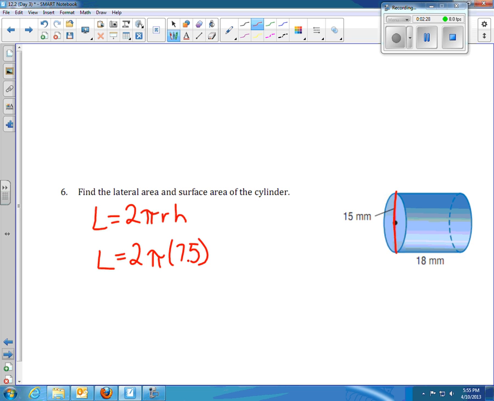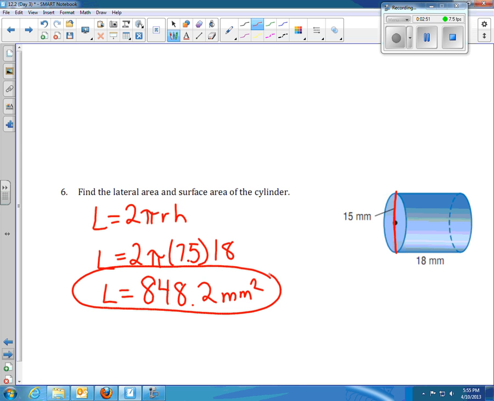Our height, which remember is the distance that has nothing to do with the base, is 18. Go ahead, pause the video, type that all in, and find out what your lateral area is for the cylinder. You get 848.2 millimeters squared. That's our lateral area.